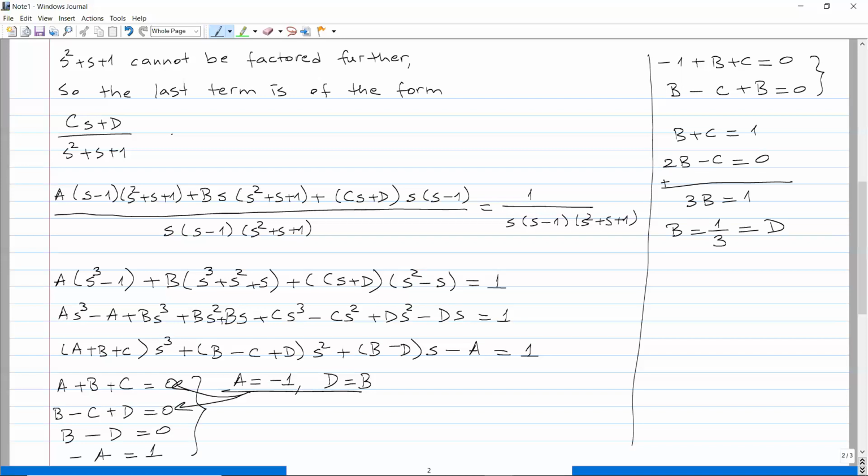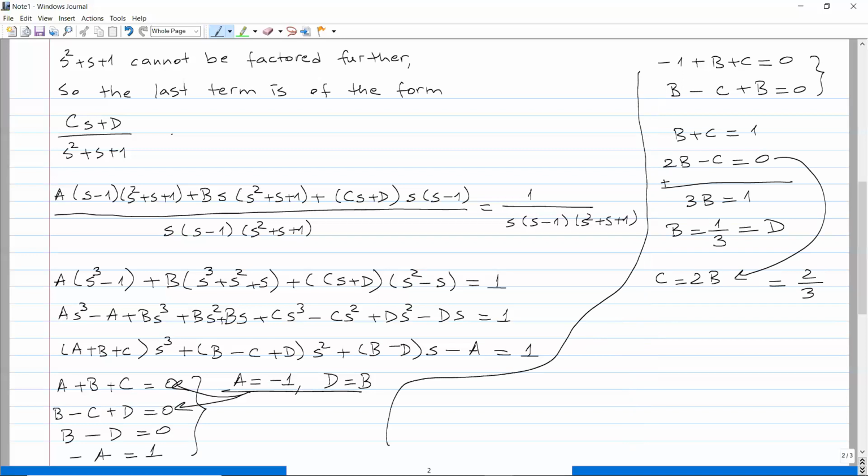And what is c? c is 2b from here. So c is 2/3. So finally, this means my fraction, let me go like this. My fraction, what was my fraction? 1 over s times s cubed minus 1. A is minus 1, so minus 1 over s.